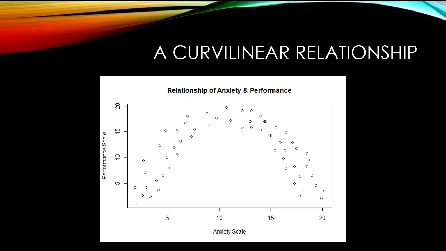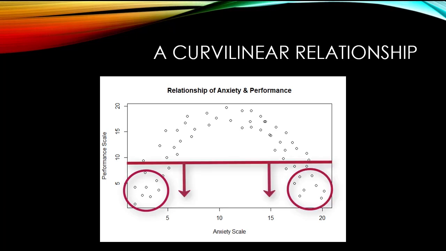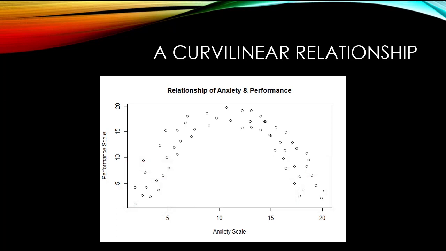If anxiety is very low, a sort of no worries state of mind, or if it is very high, then we expect performance to be low. There's a balance between low and high anxiety that yields high performance. There's a relationship among these two variables, but it is not linear. Correlation would not do a good job of indicating the strength of relationship among these two variables.